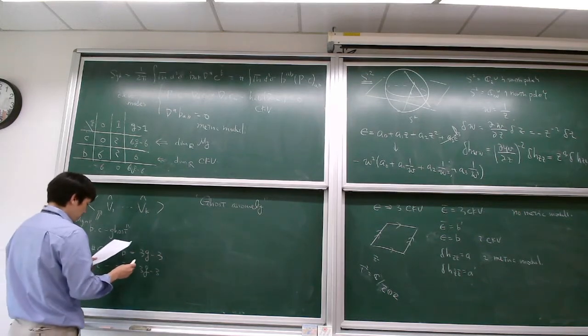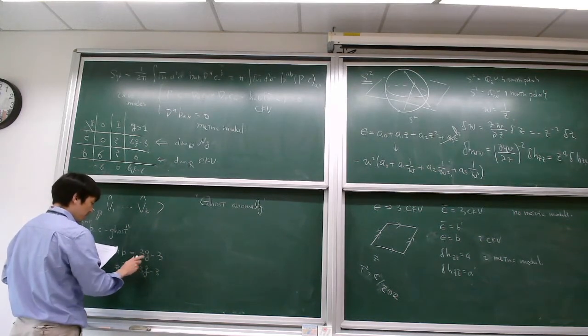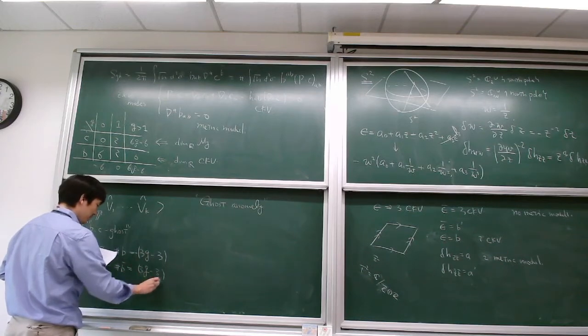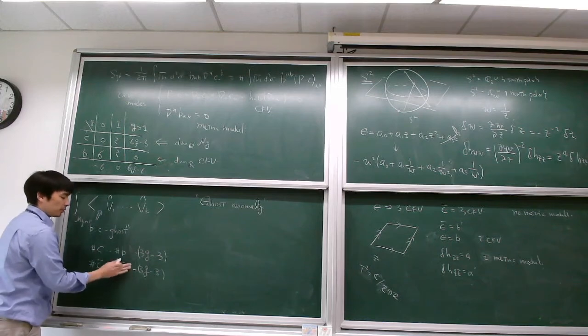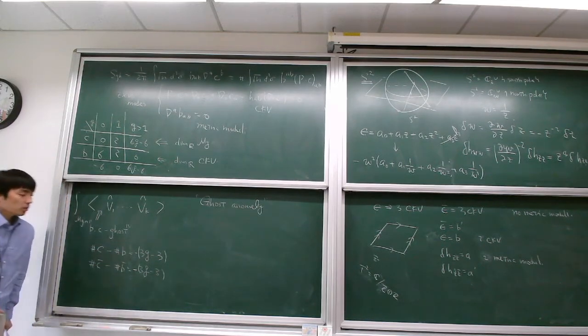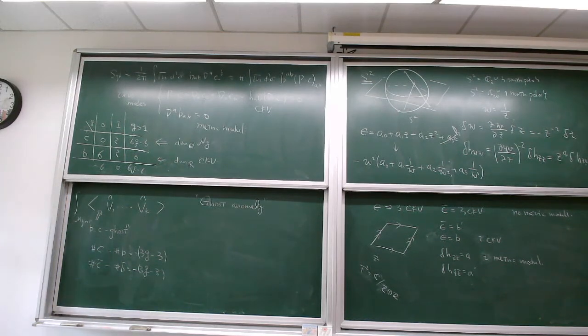Sorry. In total, you have to include this kind of number. This conclusion can be obtained from the absence of ghost anomaly.